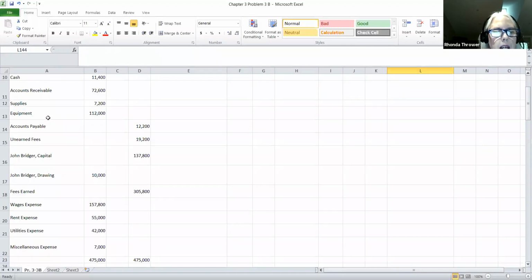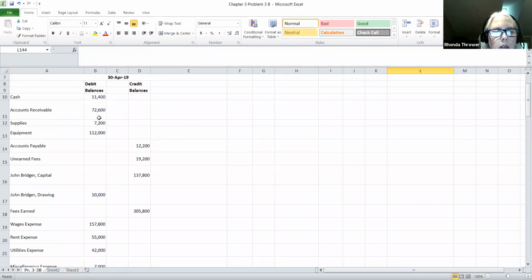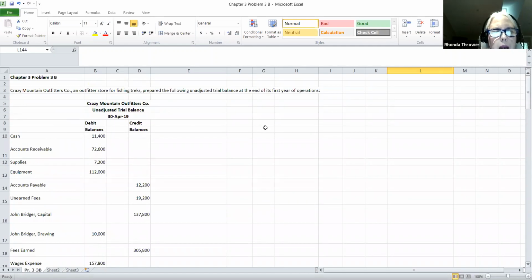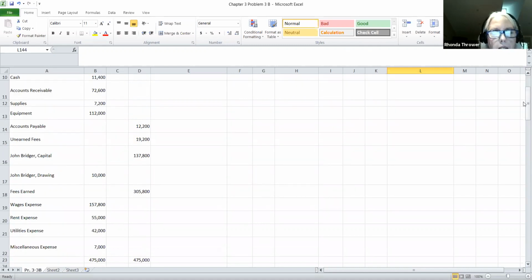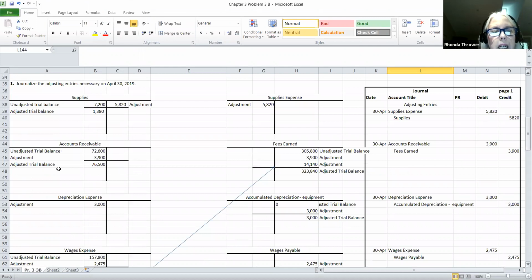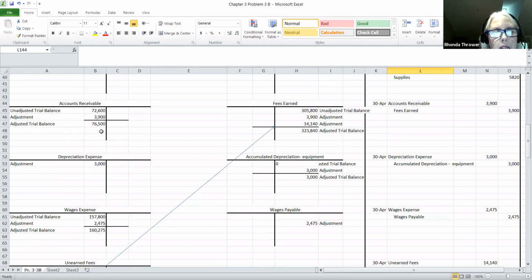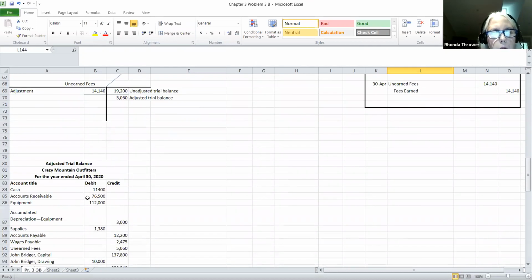Don't use this balance because this is the unadjusted balance. We want to make sure that we have adjusted accounts receivable for any accruals. So I've got to go to my T account, pick up the ending balance of $76,500, and put that on the debit side.